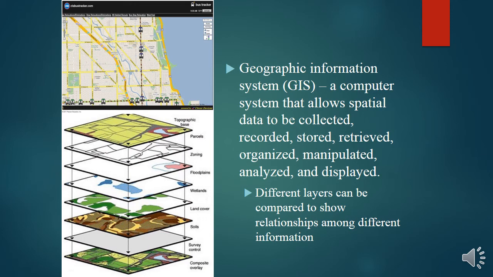So the visual on the left there shows all kinds of different map layers that you might isolate to distinguish information about a given area.